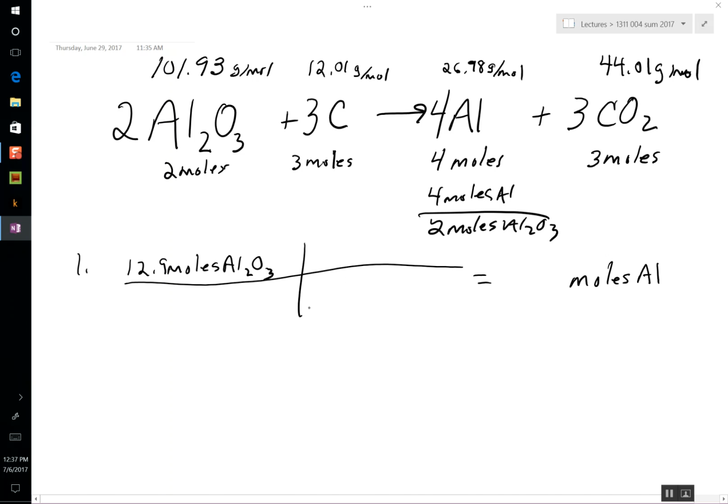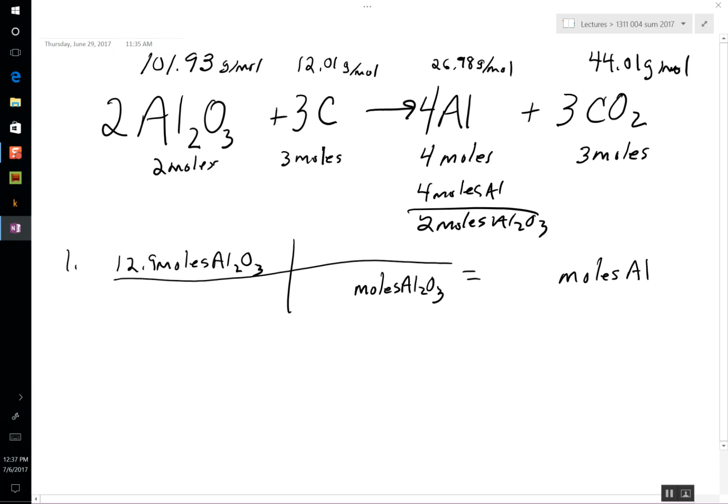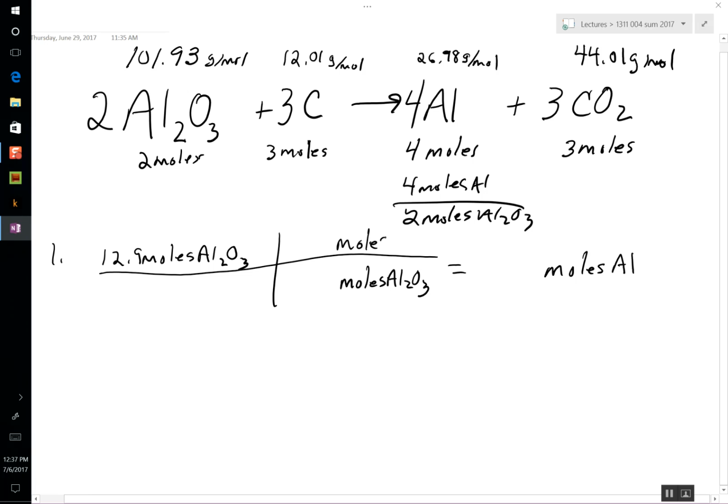So dimensional analysis tells me that I want to put my moles of aluminum oxide down here and my moles of aluminum up here. And what is that ratio? 4-to-2 ratio. All right?